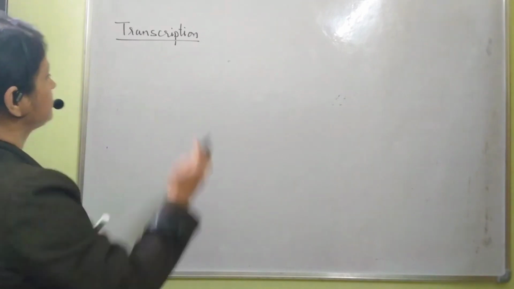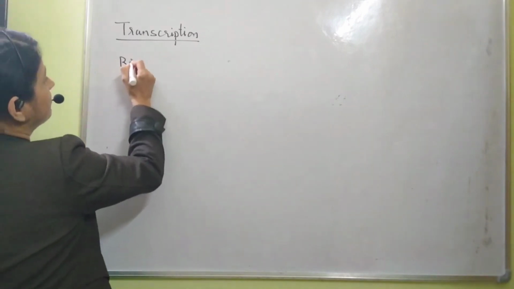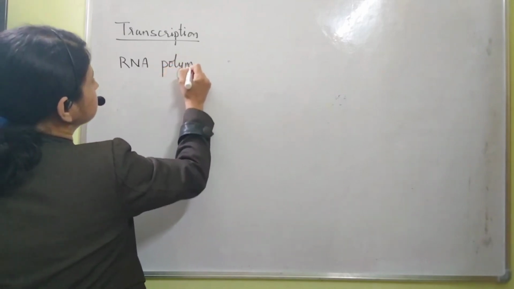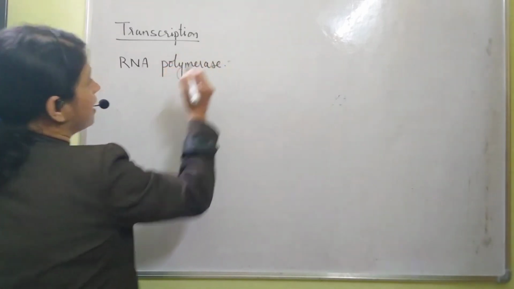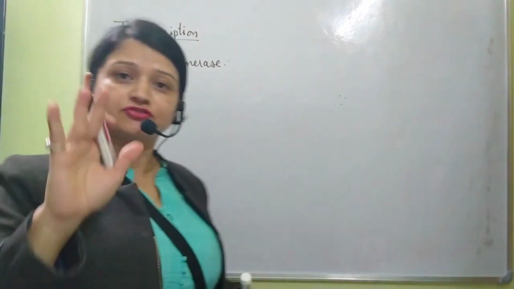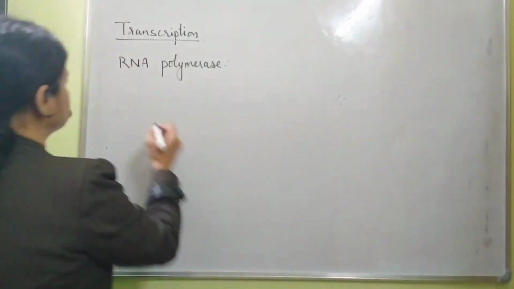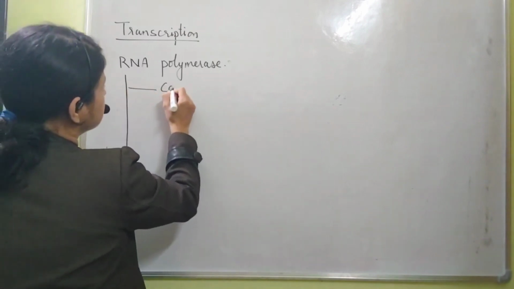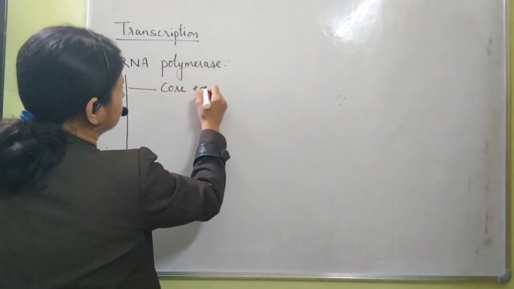RNA polymerase is a complex enzyme. And it has three important parts. Let's see what the three important parts are. The first one is the core enzyme.